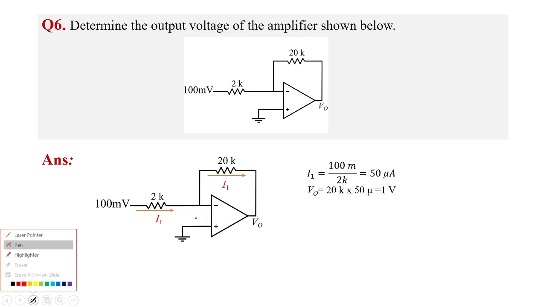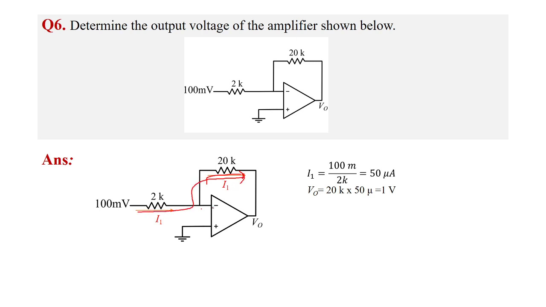Here, similar to the third question, we find the current through the feedback resistance, I1. The same current I1 will be flowing like this, right? What is the voltage here? The voltage here is 0, since this is ground.